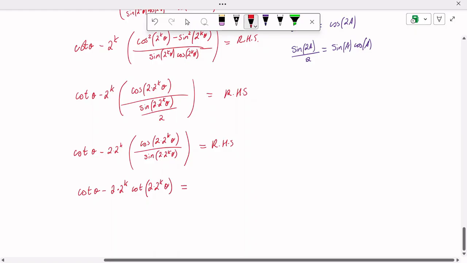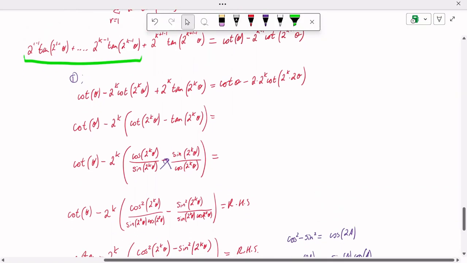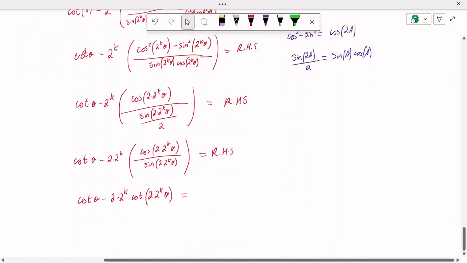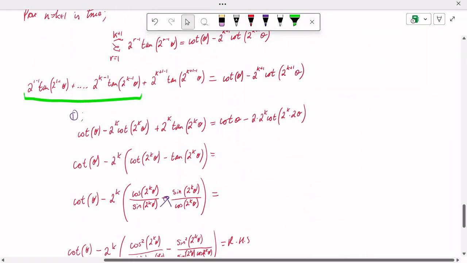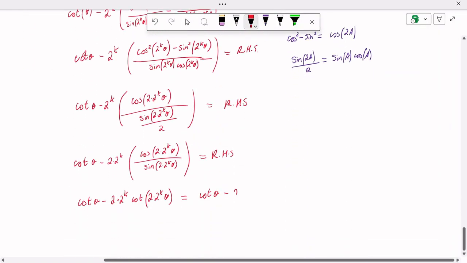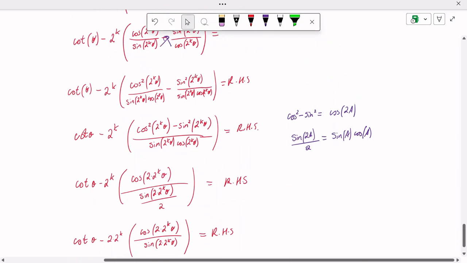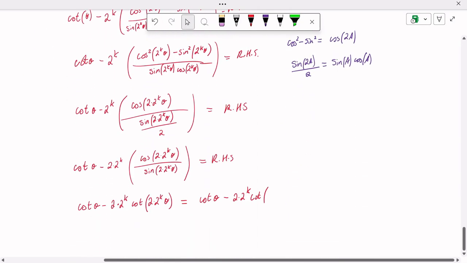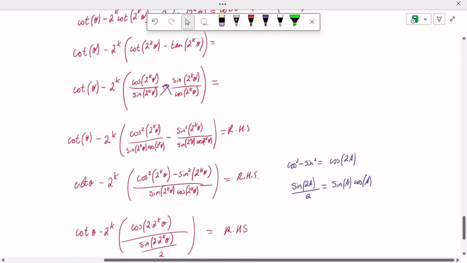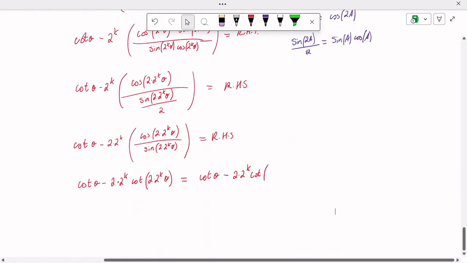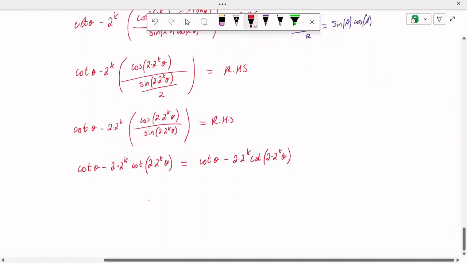Theta, and that equals my right hand side, and my right hand side is cot theta minus 2 times cot of 2 to the k times 2 theta, which is really exactly the same as 2 times 2 to the k theta.